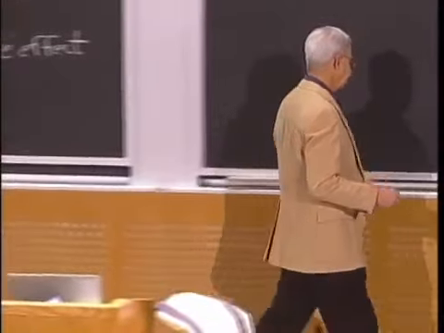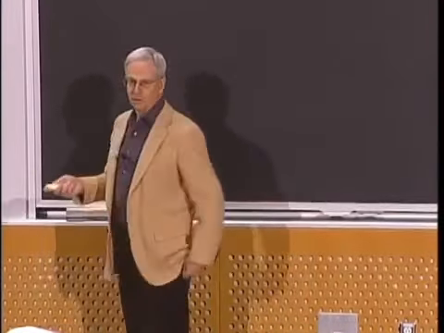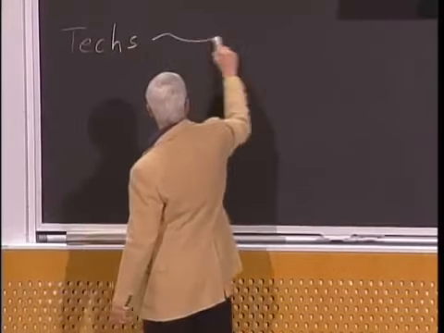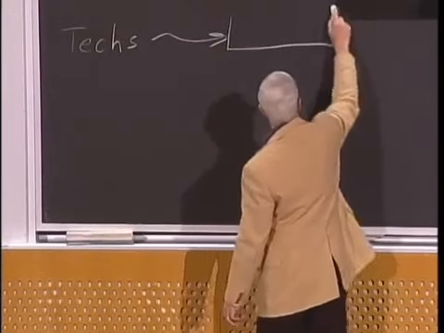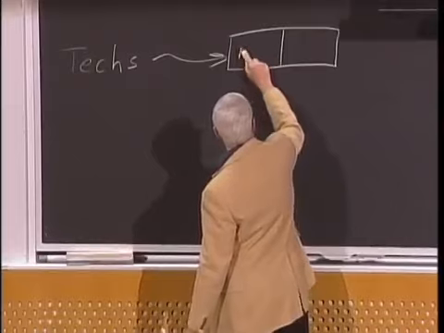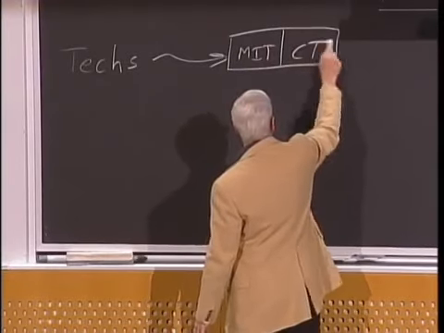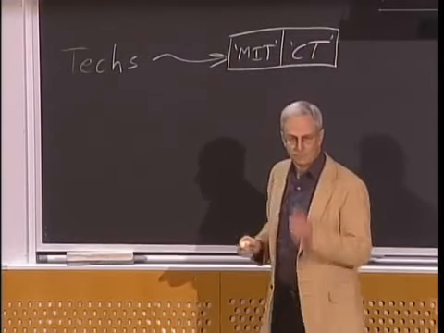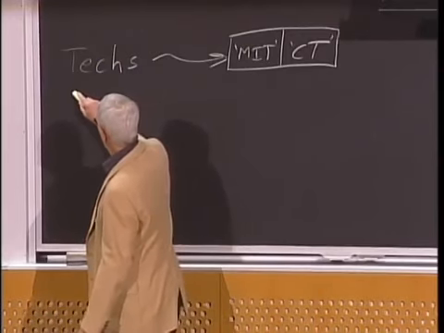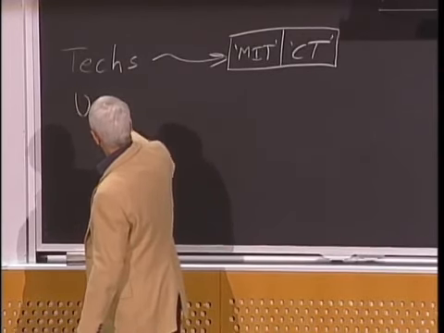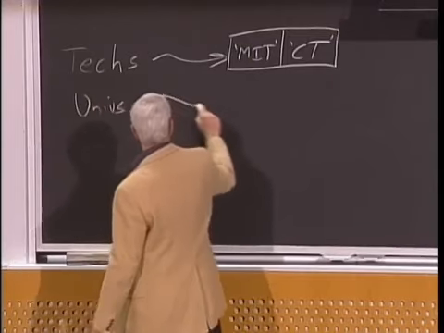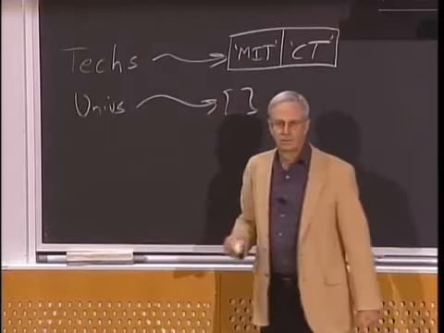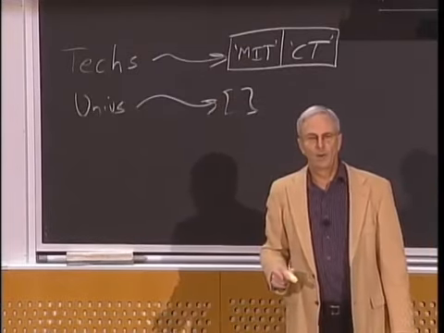So we can look at this, draw a little picture here. So we had text, and that pointed to a list with 2 elements in it, which I'll abbreviate as MIT and Caltech. Both of these elements were strings. Then I created a new list called UNEVs, and that was initially bound to the empty list, a list with no elements in it.